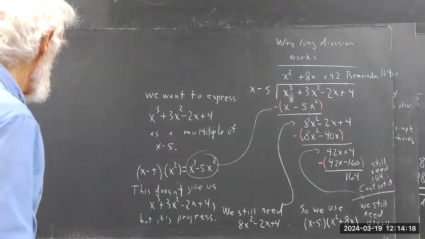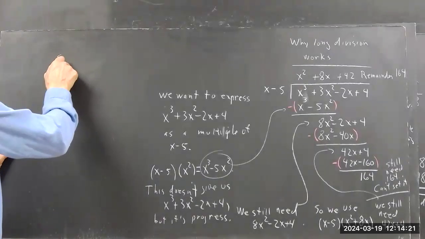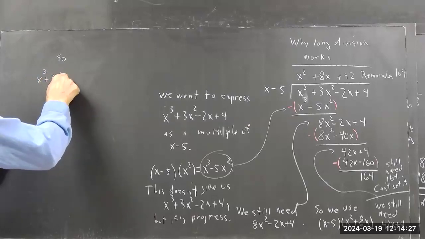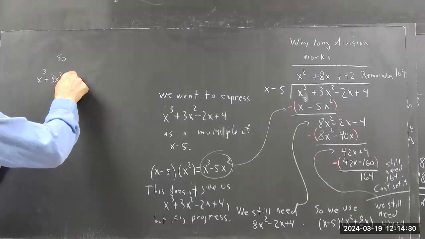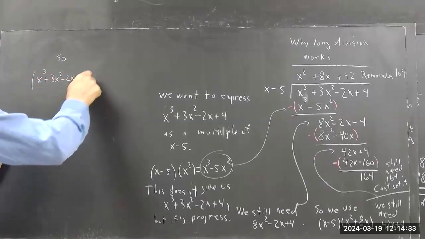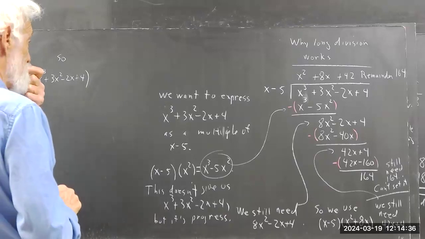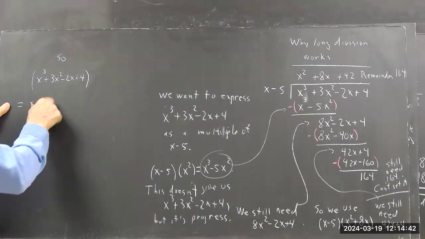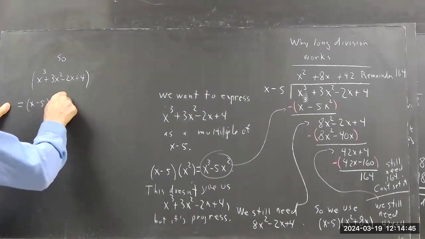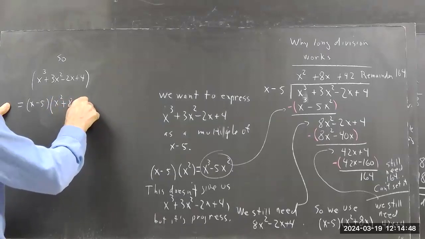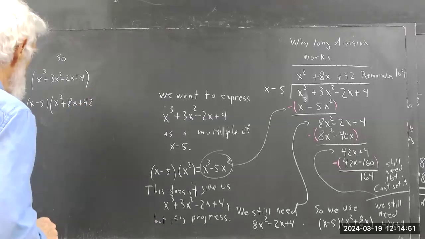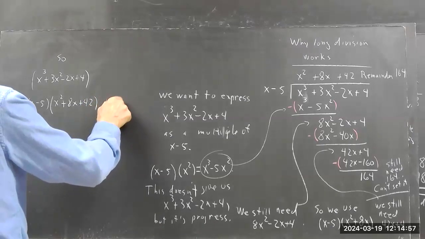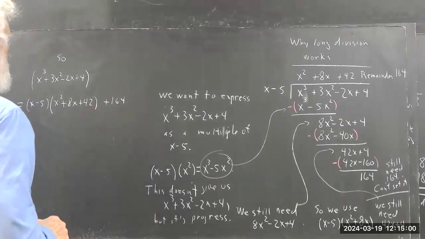Then, x cubed plus 3x squared minus 2x plus 4 equals x minus 5 times x squared plus 8x plus 42, plus 164.